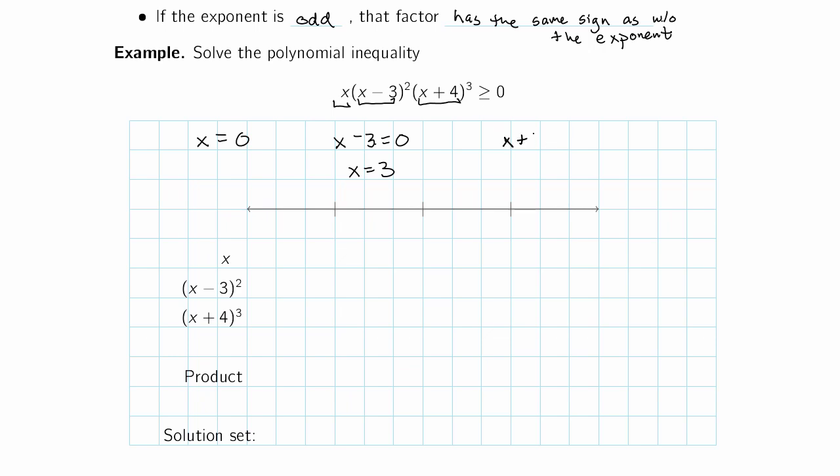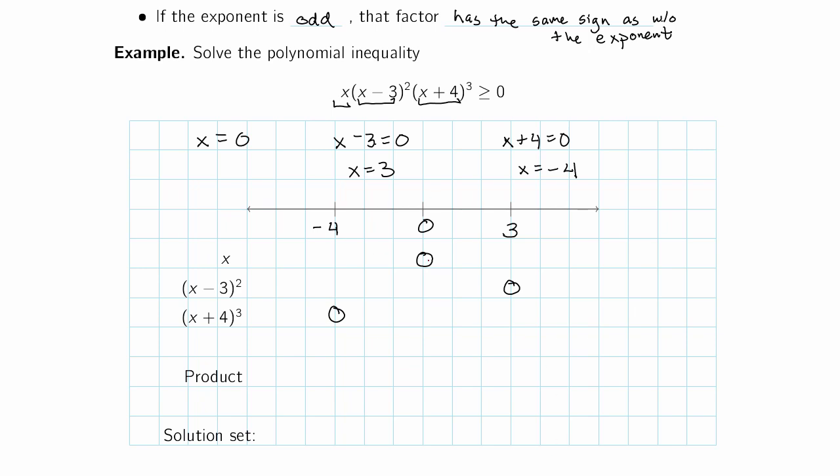And x plus 4 equals 0, that means x equals negative 4. So our cutoff points are negative 4, 0, and 3. Here x is 0, here x minus 3 is 0, and here x plus 4 is 0.